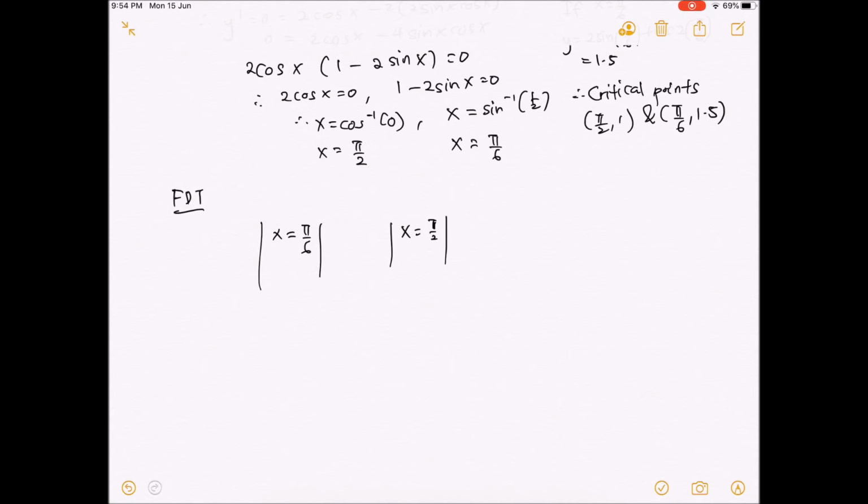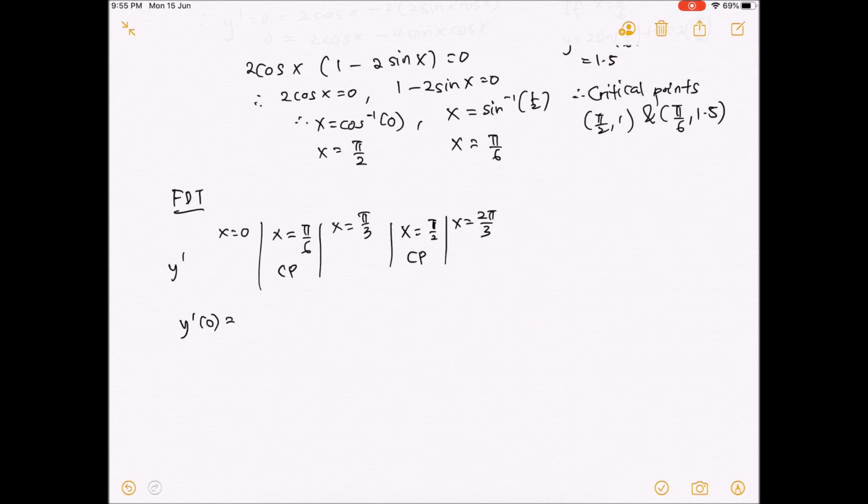So find a point before and after each of these points. Let's say I choose x equals 0, then x equals pi over 3, and then x equals 2 pi over 3. This is our critical point, and this is also our critical point.